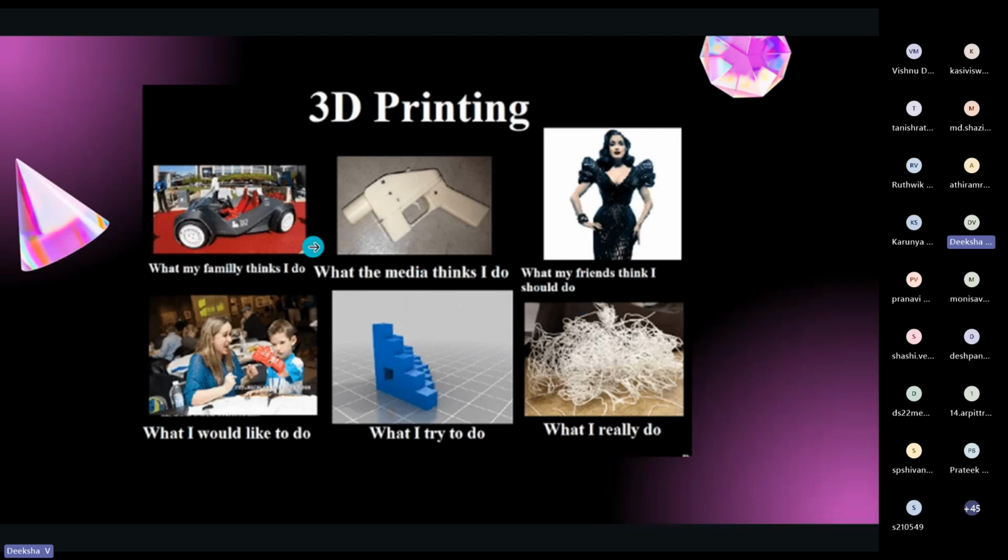So people might have different notions of 3D printing: what people actually think 3D printing is, what we can 3D print, and what we actually end up doing. This just gives a fair idea. Initially, we might want to 3D print something like a block, and during the initial stages, if we don't put the settings correctly, or if we are not looking into the settings, we end up getting something else which we don't desire.